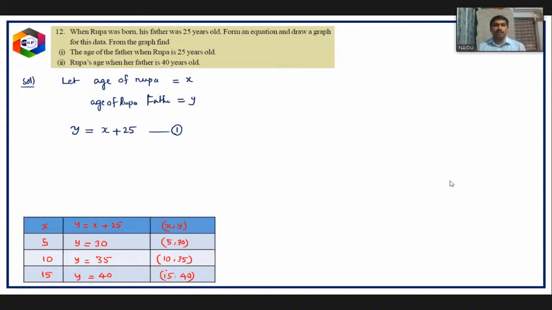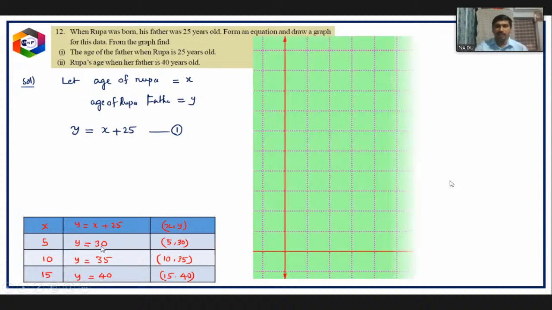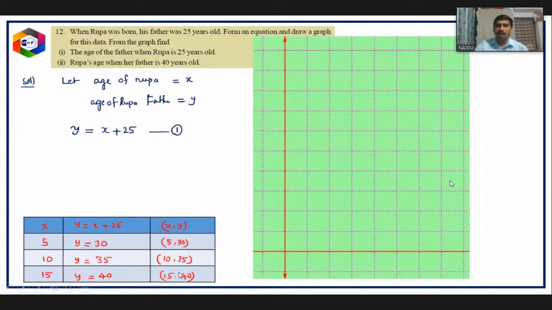Now the ordered pairs are completed, or the solution for this equation is completed. Again, our aim is to take the graph sheet and plot on it. Let us draw the graph sheet first. Here is the graph sheet. On the x-axis, as I already said, we take the x value, that is Rupa's age, and on the y-axis the father's age. On the x-axis, in multiples of 5: 5, 10, 15, 20, 25, 30, 35.